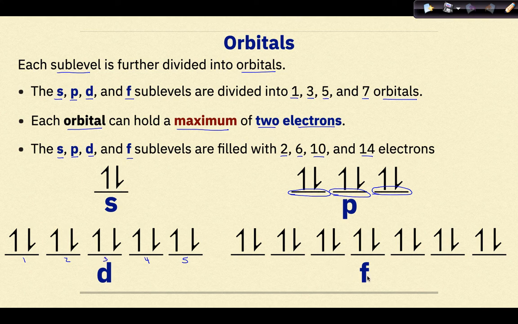For the f sublevel, the maximum number of orbitals that you can have is 7. 1, 2, 3, 4, 5, 6, 7. Each orbital can only hold 2 electrons. So the maximum number of electrons that can be found in the f sublevel is 14 electrons.